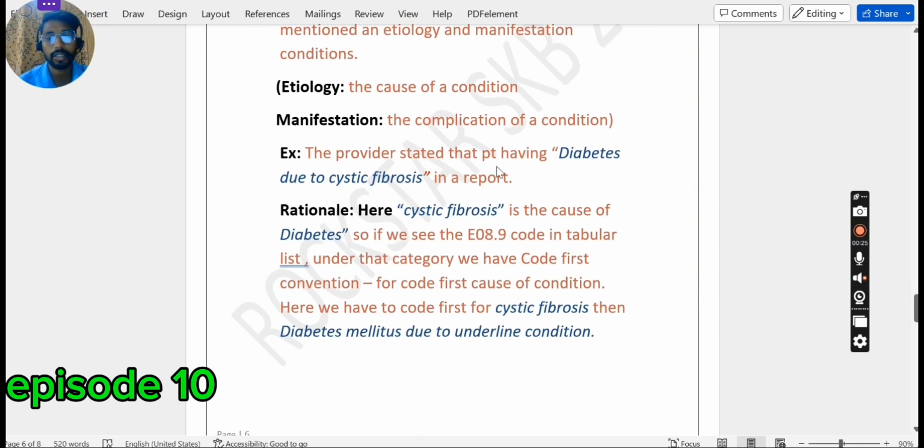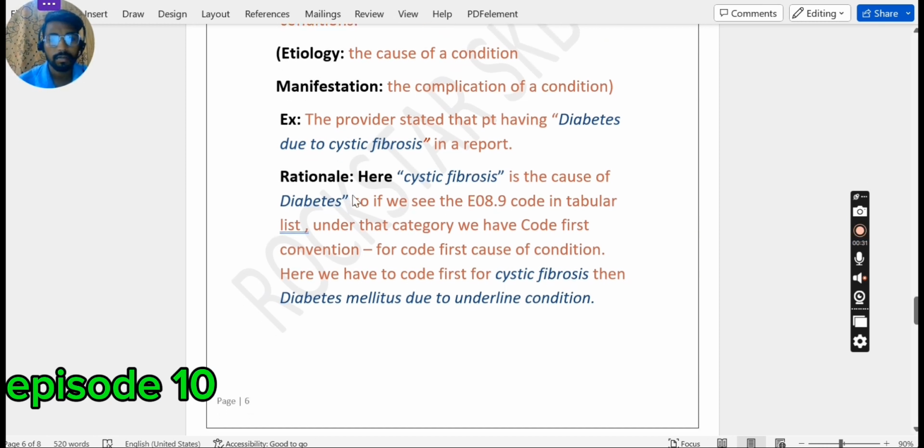For example, the provider stated the patient has diabetes due to cystic fibrosis in a report. Here, cystic fibrosis is the cause of the diabetes. If we see the E08.9 code in the tabular list, under the category we have the code first convention for the cause of the condition. Here we have to code first cystic fibrosis, then diabetes mellitus due to the underlying condition.